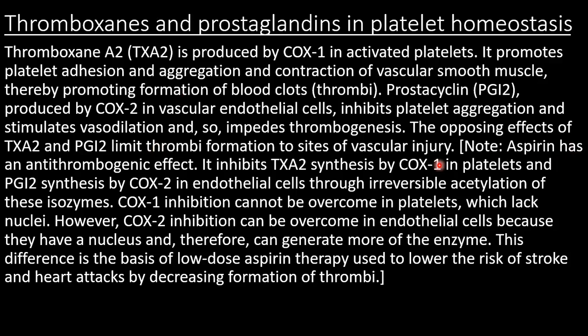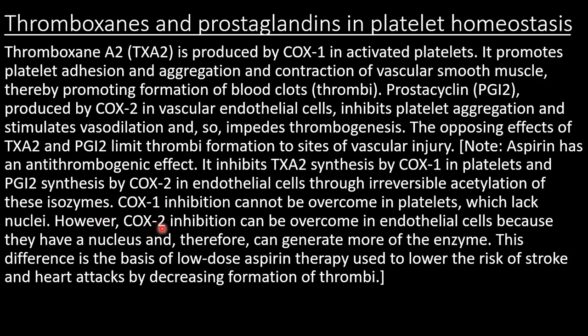Now, aspirin has an antithrombogenic effect in that it inhibits thromboxane A2 synthesis by COX-1 in platelets and also prostaglandin synthesis by COX-2 in endothelial cells through the irreversible acetylation of COX-1 and COX-2. However, COX-1 inhibition cannot be overcome by platelets because they lack a nucleus, hence they cannot transcribe and translate for the formation of another COX-1.